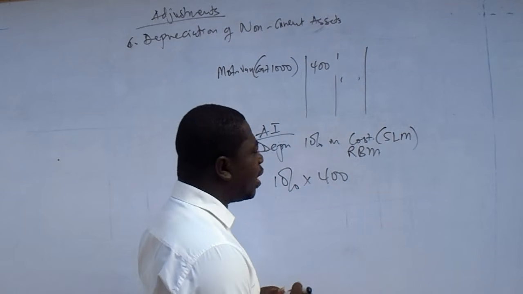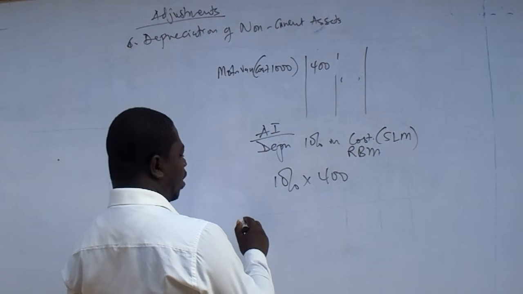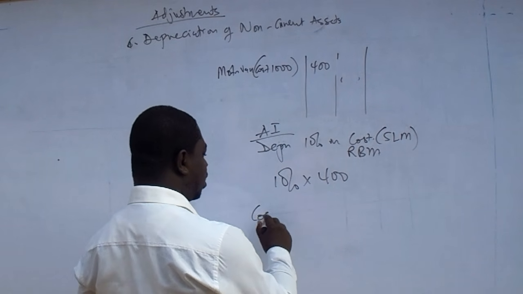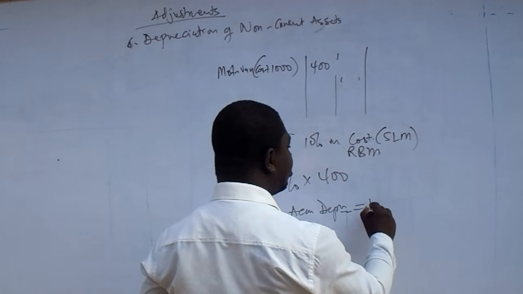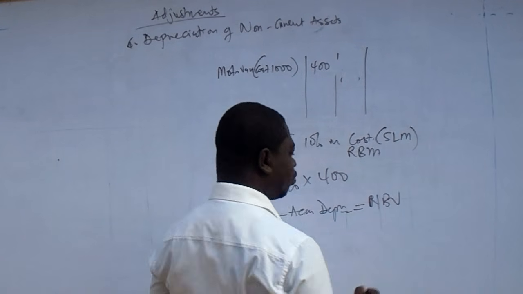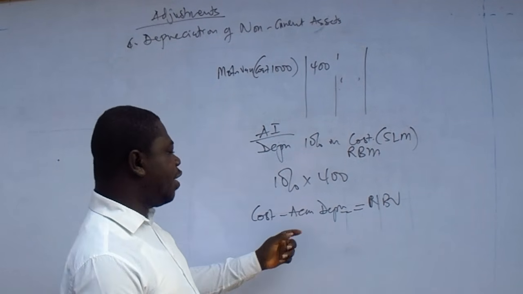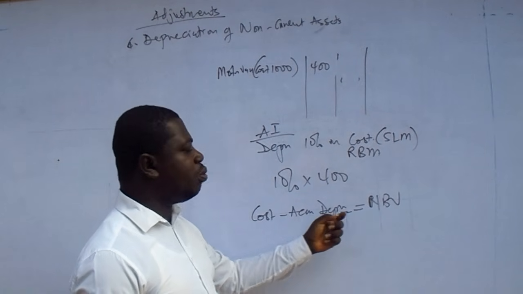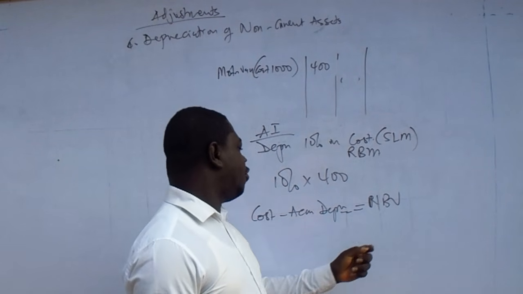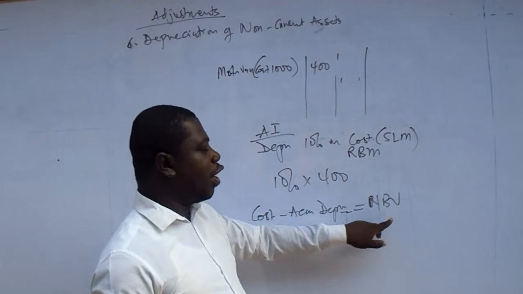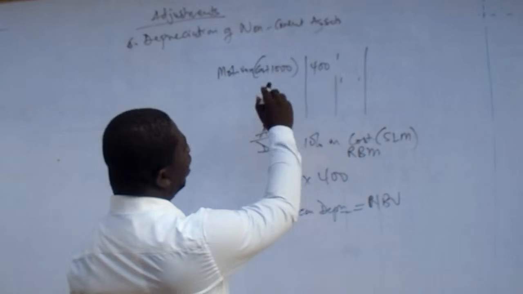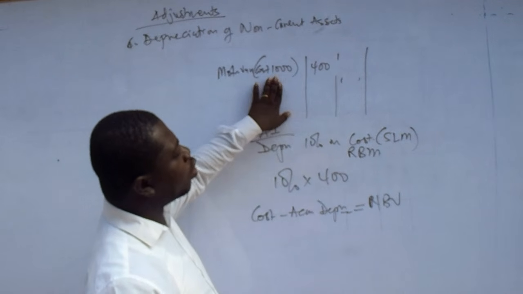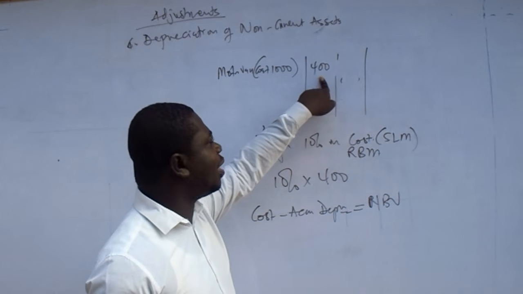Let us understand that the equation is that cost minus accumulated depreciation will always be equal to net book value. So if you are given cost and accumulated depreciation, you should be able to find the net book value. But if you are given the cost and the net book value, you should also be able to find accumulated depreciation. So when this happens, this is your cost, but this is already the net book value that has been given.